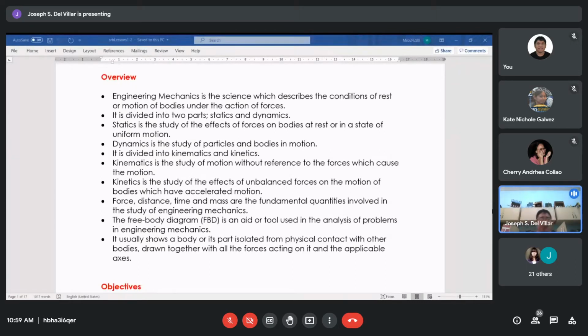Statics is the study of the effects of forces on bodies at rest or in a state of uniform motion, while dynamics is the study of particles and bodies in motion. However, dynamics is further subdivided into kinematics and kinetics.